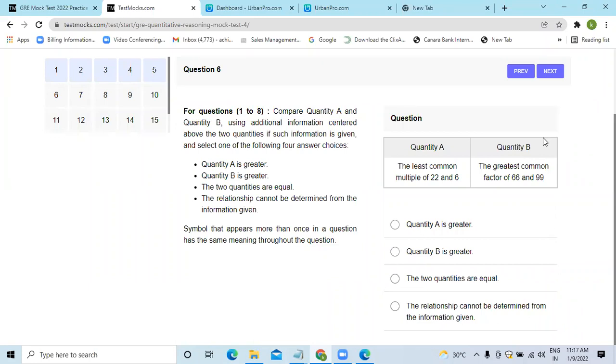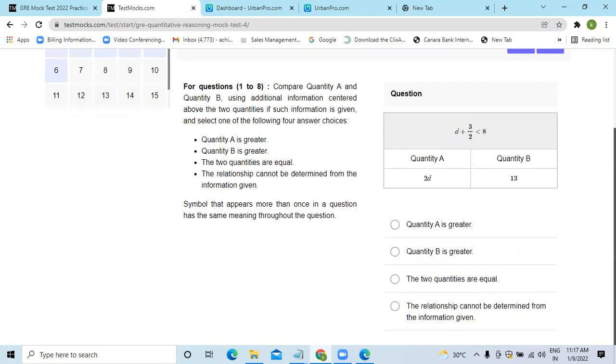Quantity A, sir. T plus 32 is less than 8.